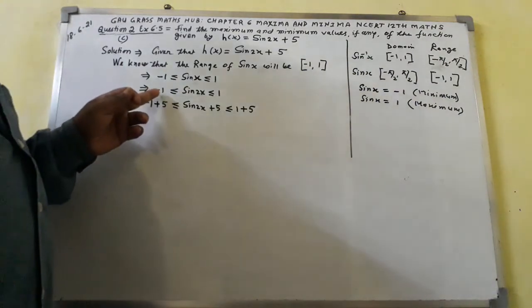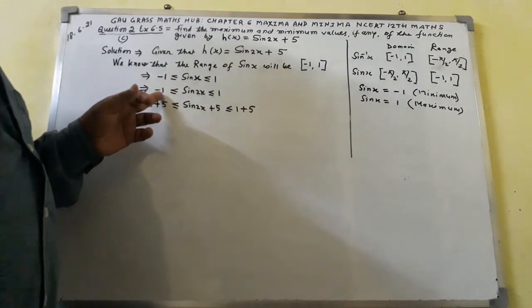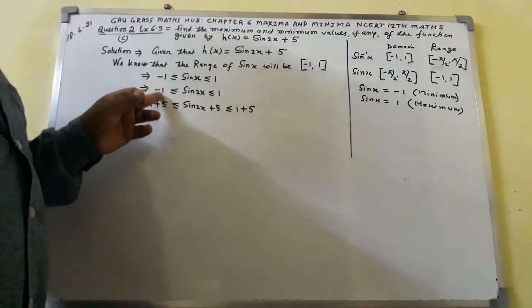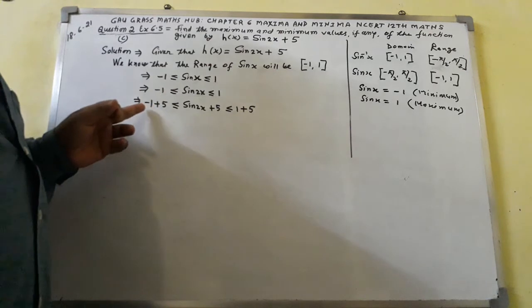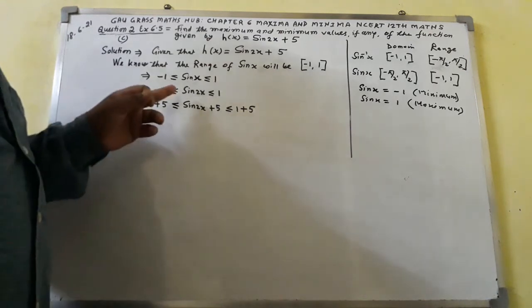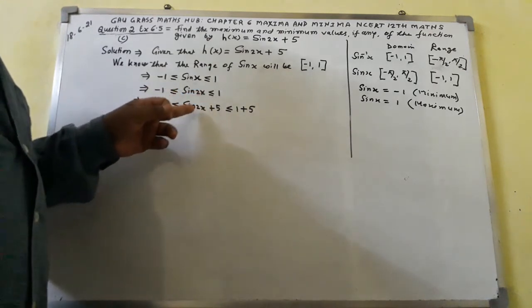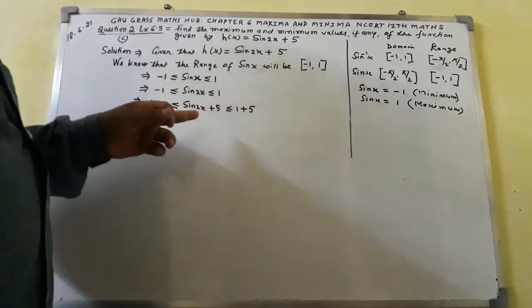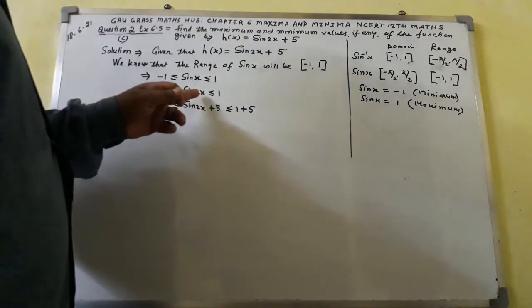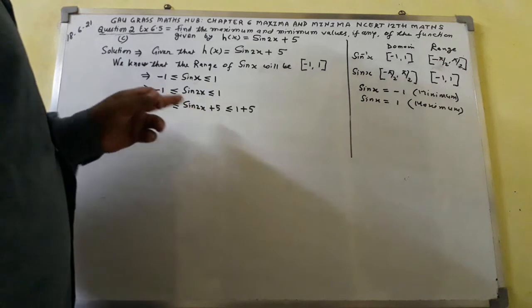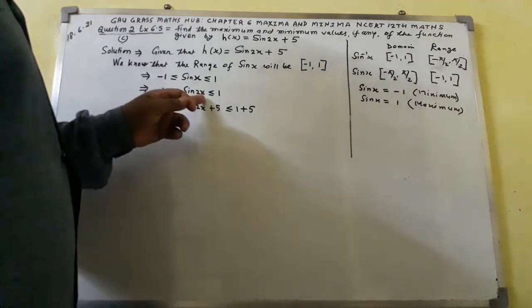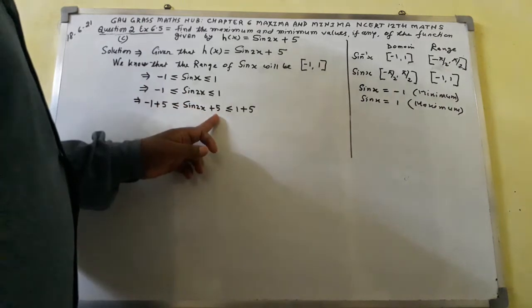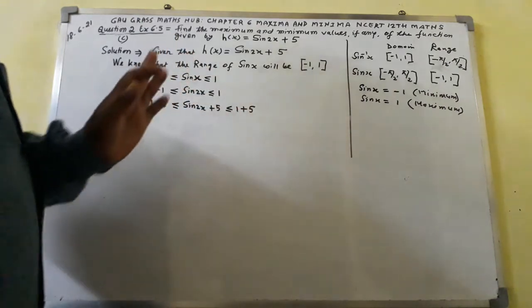On the extreme left -1 is there, add plus 5 to -1. You will get -1 plus 5 less than or equal to sin 2x plus 5, and 1 will be added to plus 5.